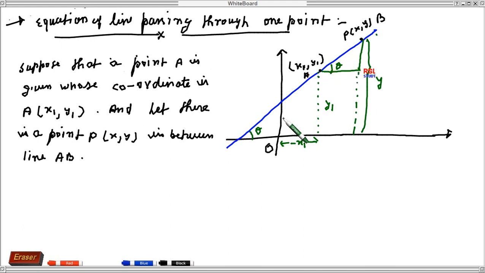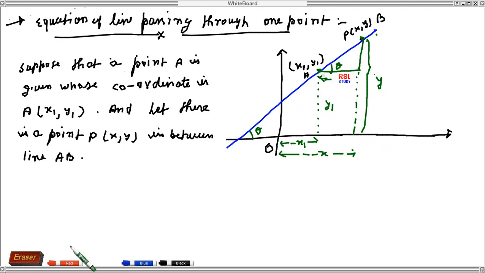This is also parallel to the x-axis. Moving x units and then y units on this side, we reach the point P.